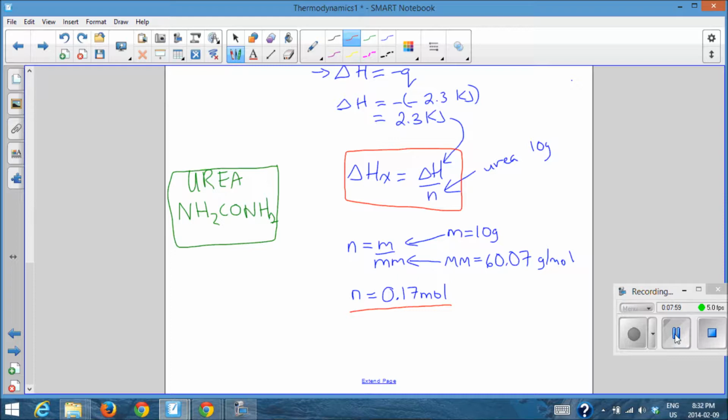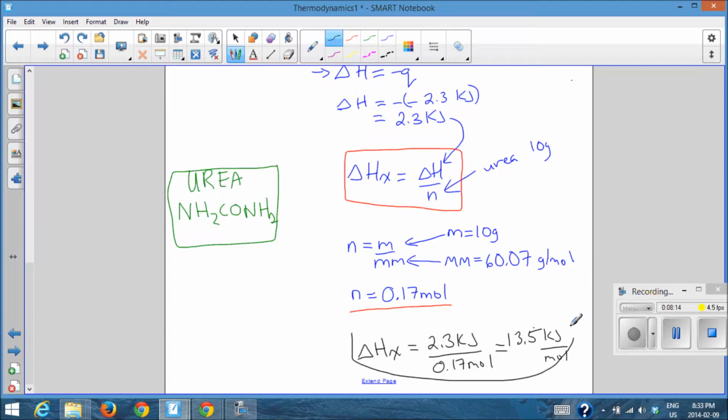So when we multiply that out, we get 13.5 kilojoules per mole. Okay, so this is our molar enthalpy.